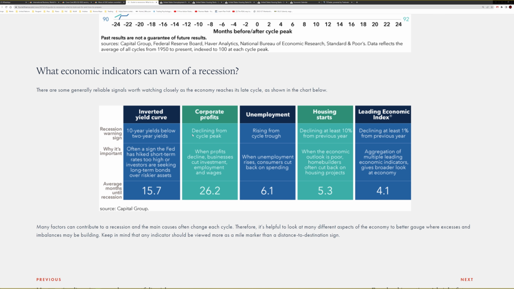This image shows that often the Fed is hiking short term, and that's why investors are seeking long-term bonds over riskier assets. This indicator has an average of 15 months until recession. Obviously, we are not seeing slow growth.